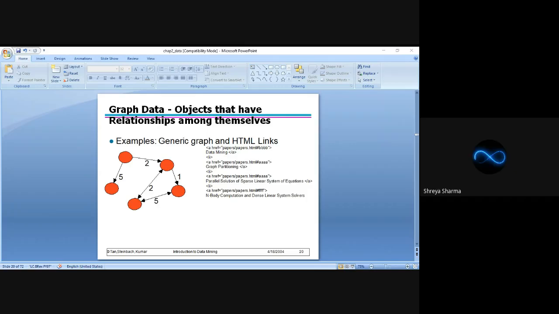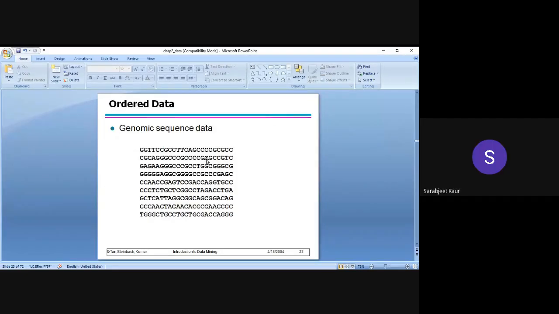Excuse me, ma'am, I guess the screen is stuck. We cannot see what you are trying to show on the screen. Sorry, the screen is not visible to you? Ma'am, it was showing some other page, so we could not understand what you were trying to show.